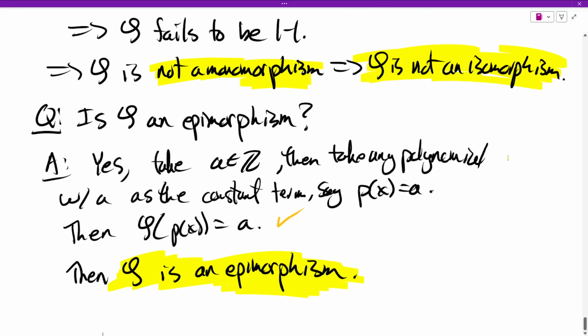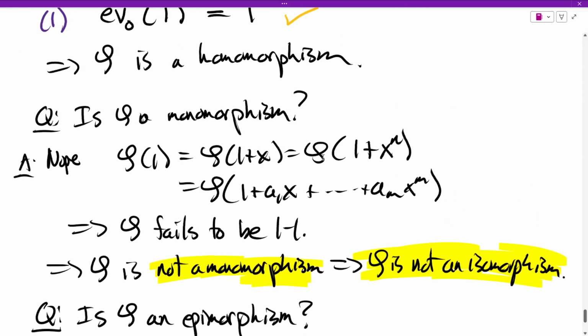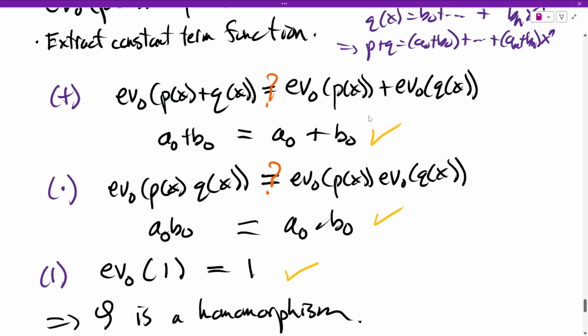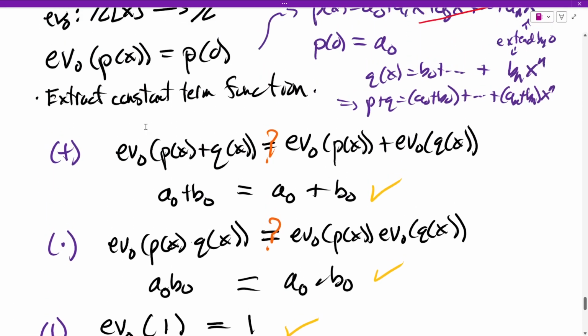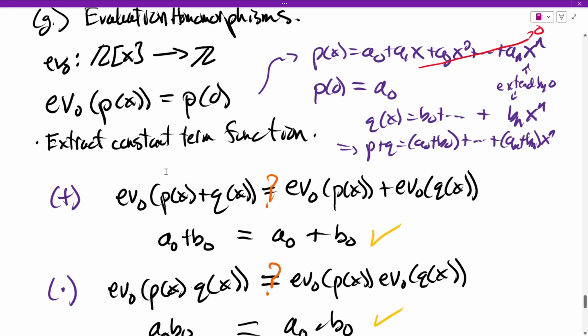And you'll play with these evaluation type maps in class, and there's not a lot going on here, right? You know how to plug numbers into functions. So these evaluation homomorphisms are just plug something in. You know how to do that. In fact, we didn't even have to write P and Q out. You know that if you want to plug 0 into P plus Q, you plug 0 into P and you plug 0 into Q. It's exactly this guy here.